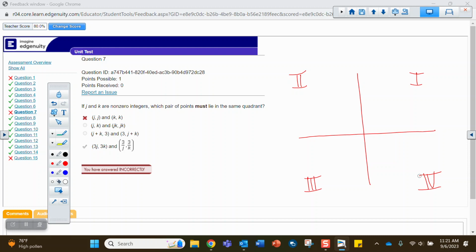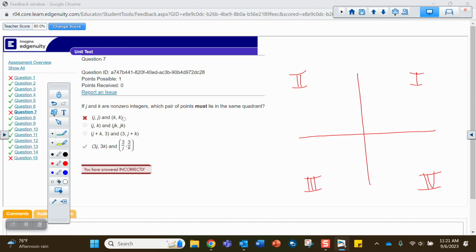So what you've selected is that J and K would be in the same quadrant, but depending on their signs, if J is positive but K is negative, they're not necessarily going to lie in the same quadrant because J could be negative, again, K could be positive. That would put them in different quadrants.